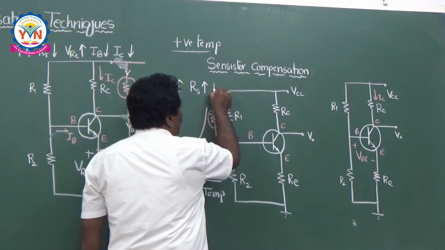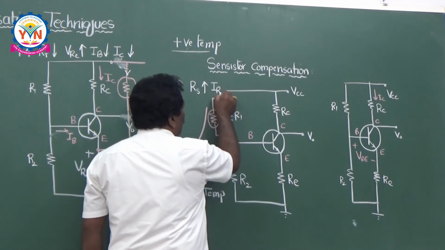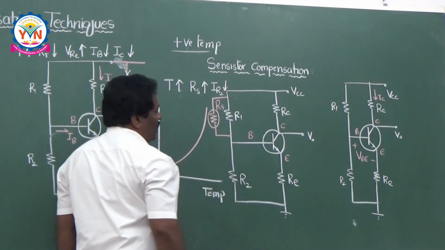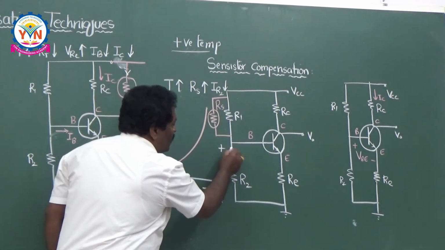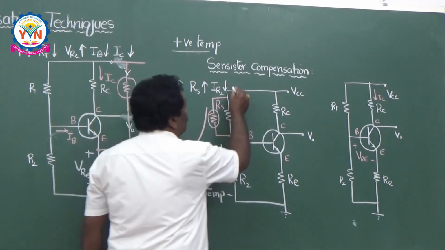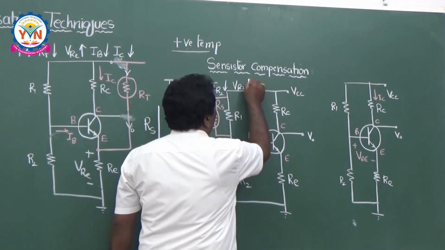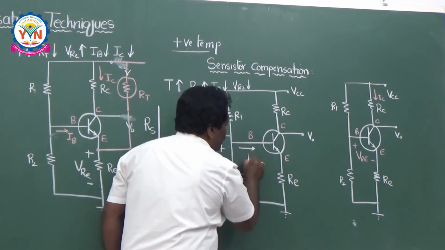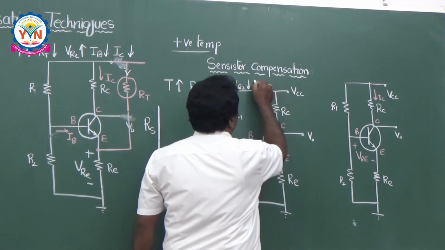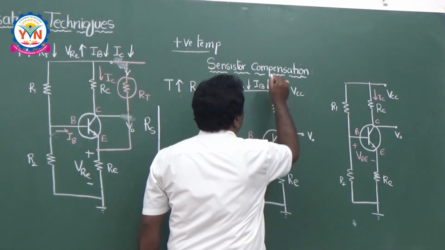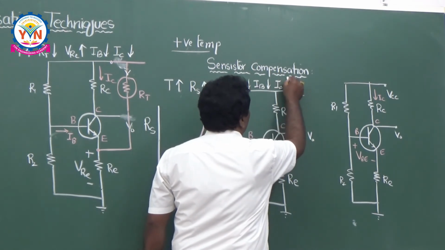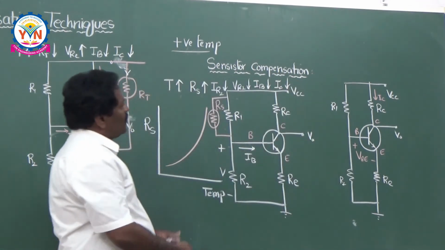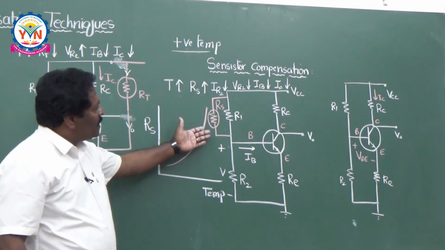So IR2 decreases. If IR2 decreases, the voltage across R2 decreases. So if VR2 decreases, forward biasing of the diode decreases. That means IB decreases, input current decreases. If IB decreases, automatically the output current also decreases.